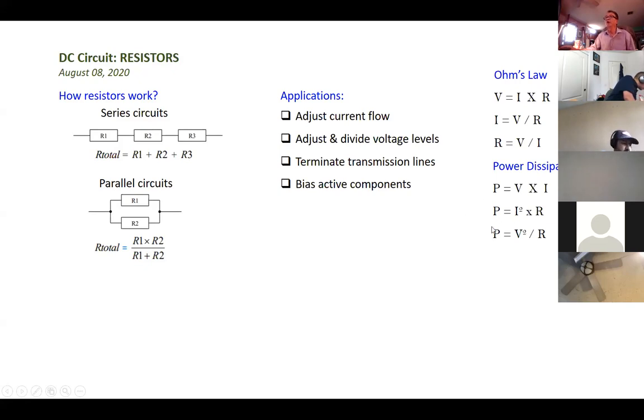And also the power dissipation. You get three formulas to calculate the power: P equals V times I, I squared R, or V squared over R. And the power will be in watts.